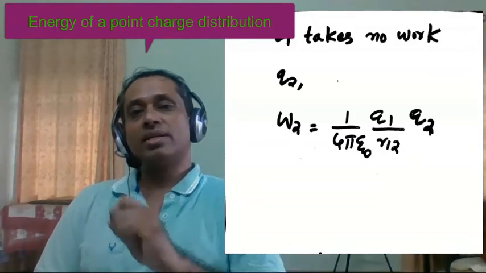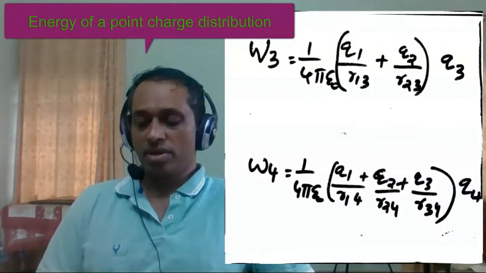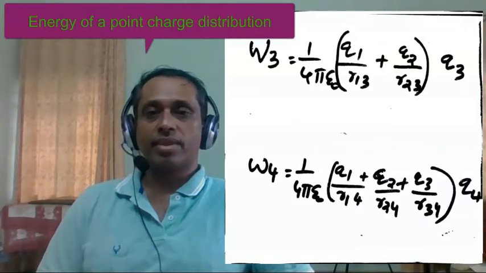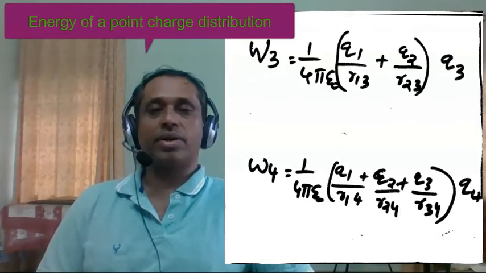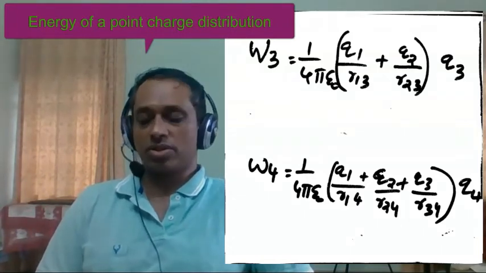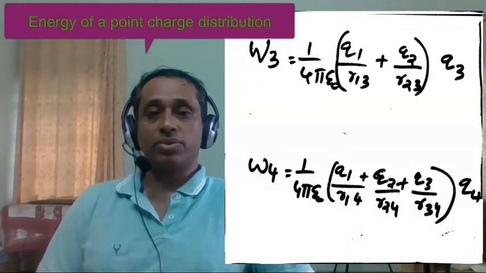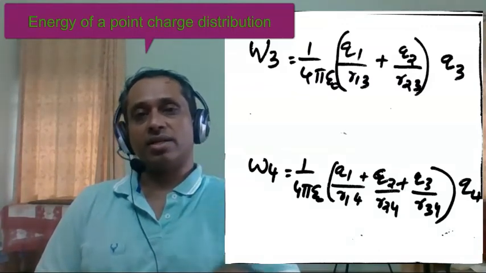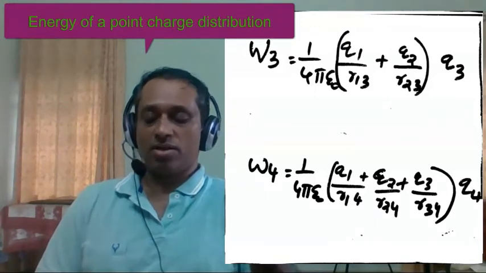So the potential at Q3 is 1 by 4 pi epsilon 0 Q1 by R13 plus Q2 by R23. You multiply it with Q3, so you get the work done.